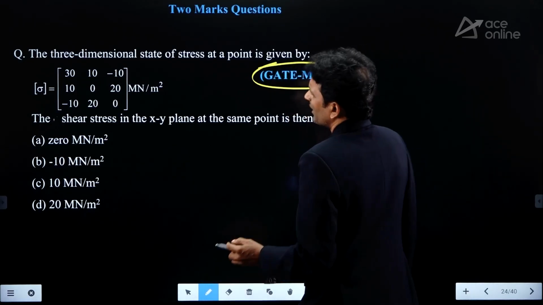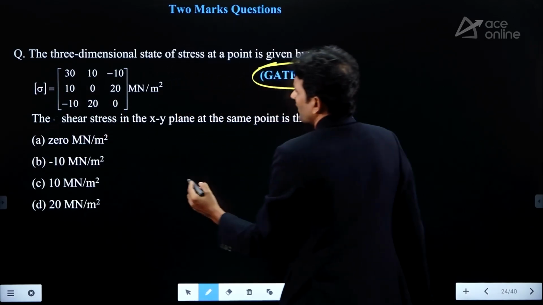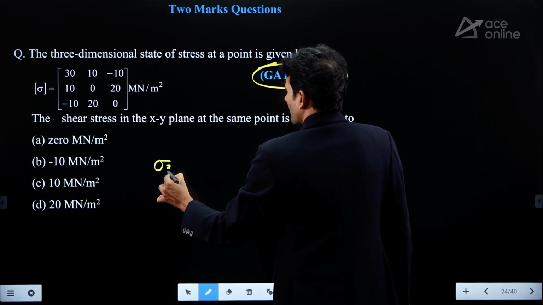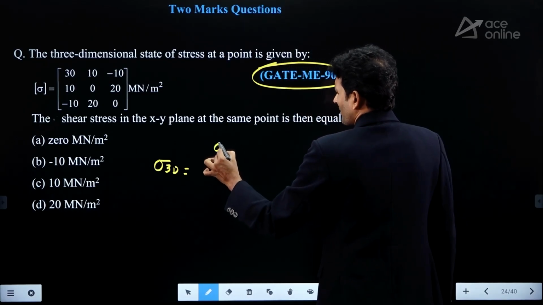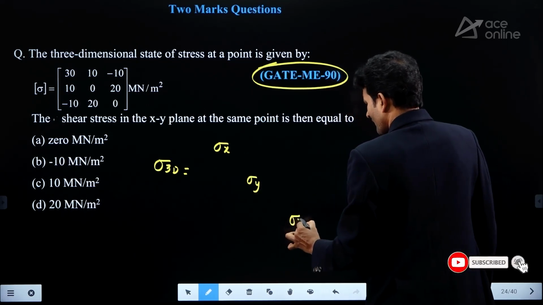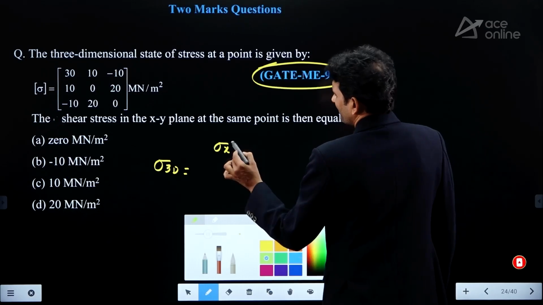This is a direct, very simple question. Compare this with the standard tensor matrix for a 3-dimensional element. In the stress tensor matrix, normal stresses are placed along the diagonal, and shear stresses are placed above and below the diagonal.